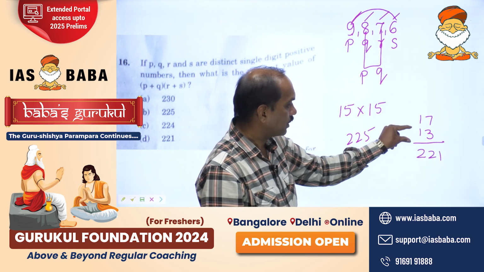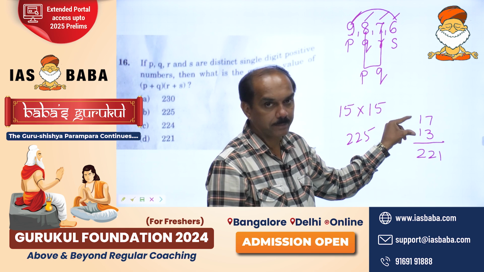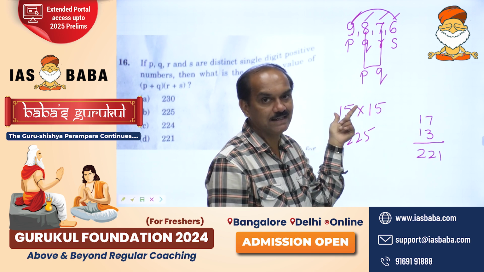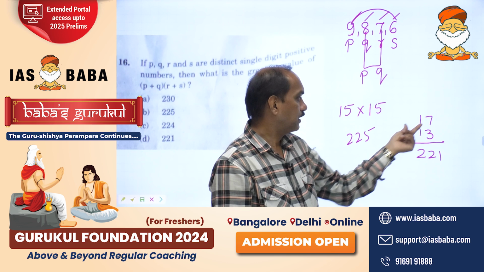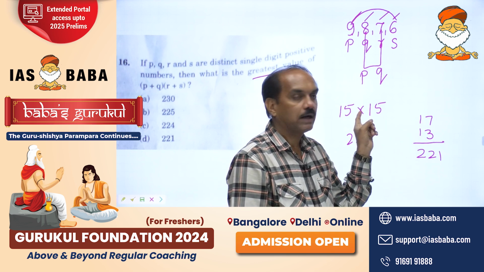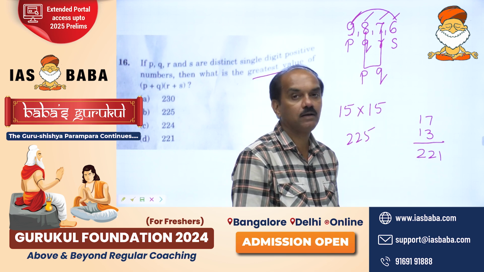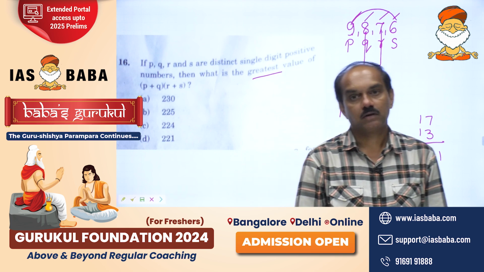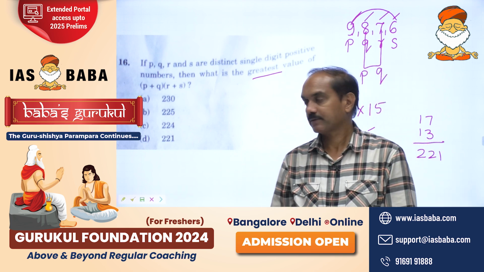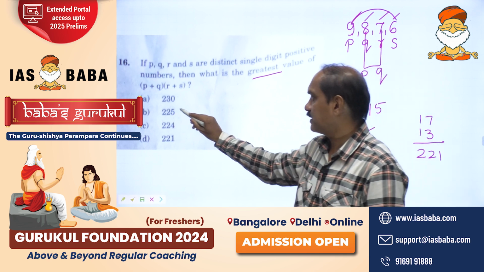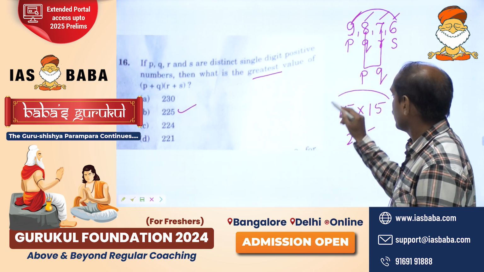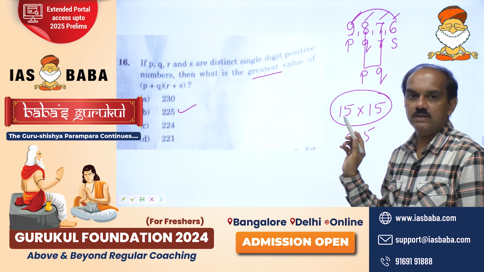Why? Because there is more gap between the numbers. Here the least gap, therefore the greatest. Here the gap is higher than this, that is why you are getting a lesser product, right? So the final answer is 225 because these are the closest numbers.